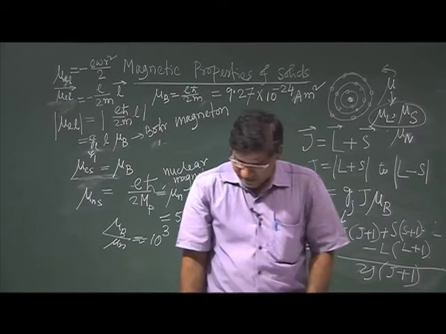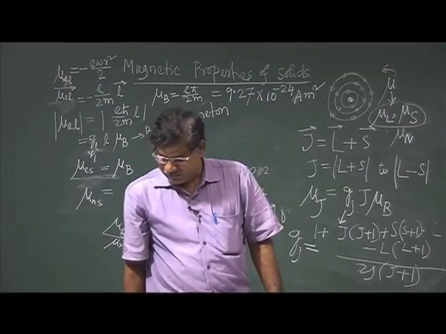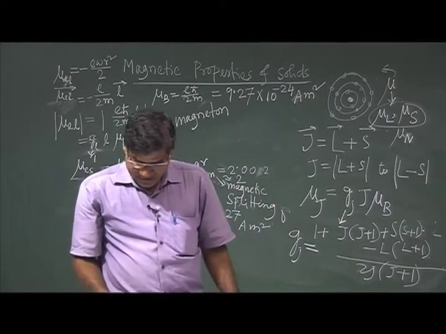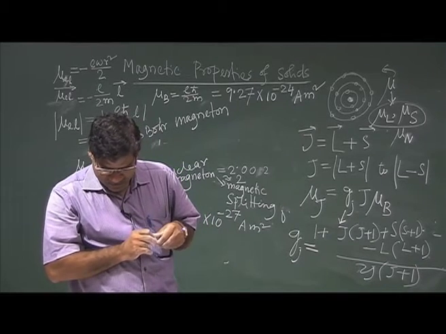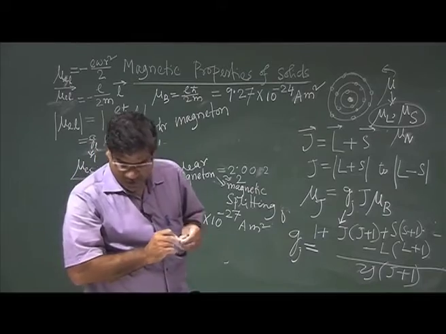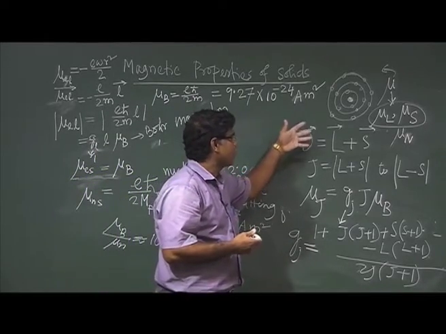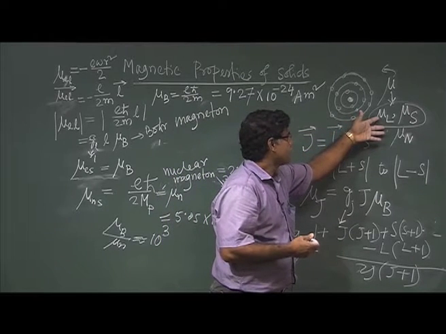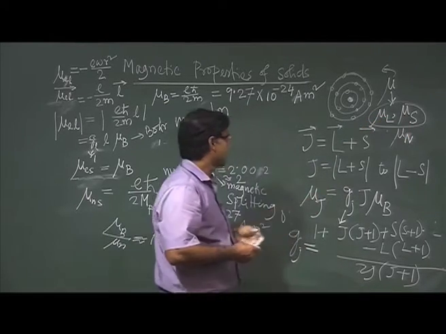Thus you can get the magnetic moment due to angular momentum, and the angular momentum is of three kinds: orbital angular momentum, spin angular momentum and total angular momentum.